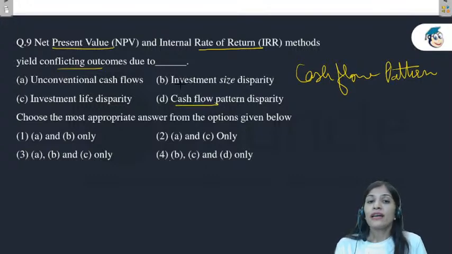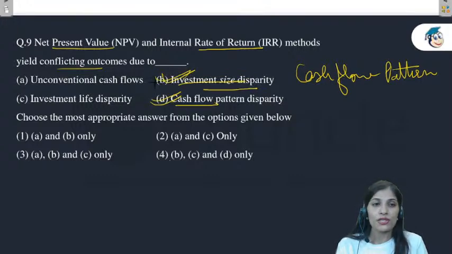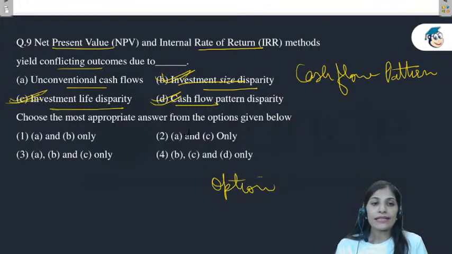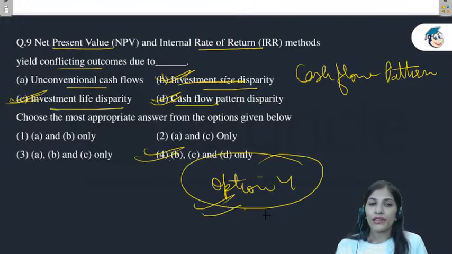Next is investment size disparity. Of course, because of investment size disparity. Next is investment life disparity, not due to unconventional cash flows. So the answer would be B, C and D. That is option number 4. Correct?